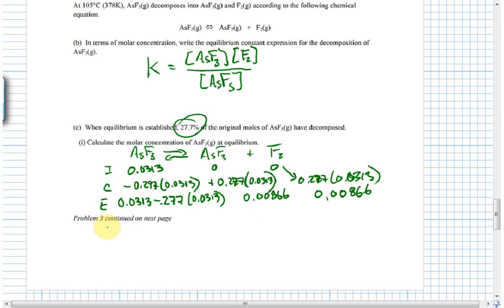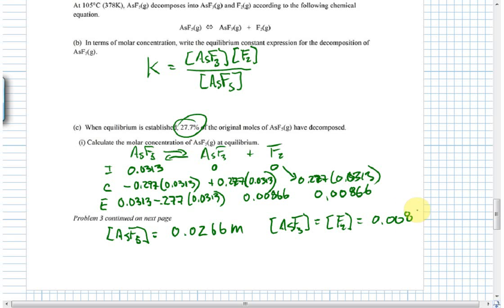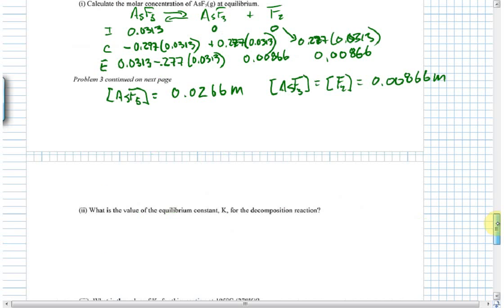If I do the math here, the concentration of the arsenic pentafluoride is going to be 0.0266 molar, right? The concentration of the arsenic trifluoride and the concentration of the F2 are going to be equal to 0.00866 molar. All right? Everybody good? What is the value of the equilibrium constant?